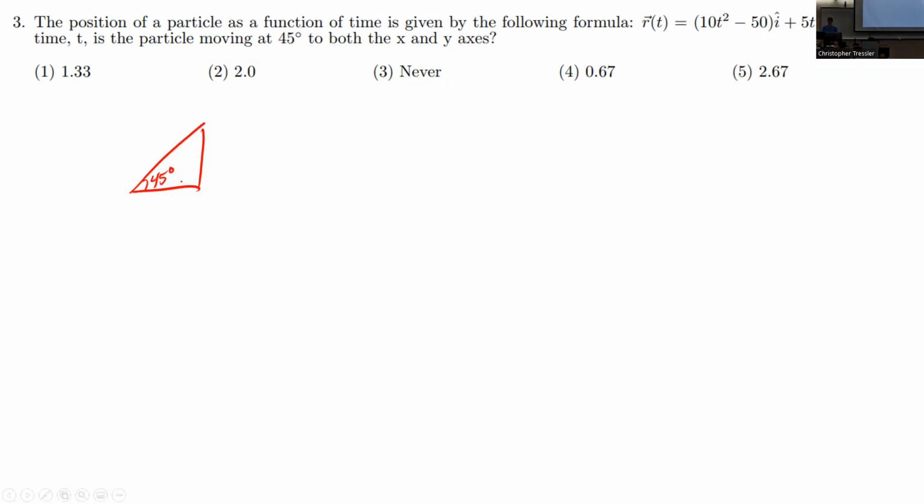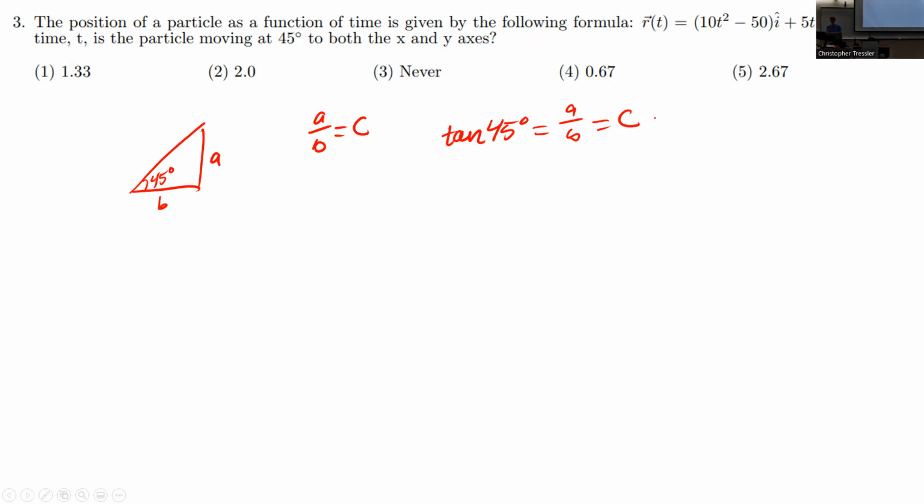Now, notice that in order to make this a 45-degree angle, we're going to have A over B. Let's say A over B is equal to C. So that means that we need tangent 45 degrees to be equal to A over B, which equals C. So if I take this and you do tangent of 45 degrees, take a look what you get.